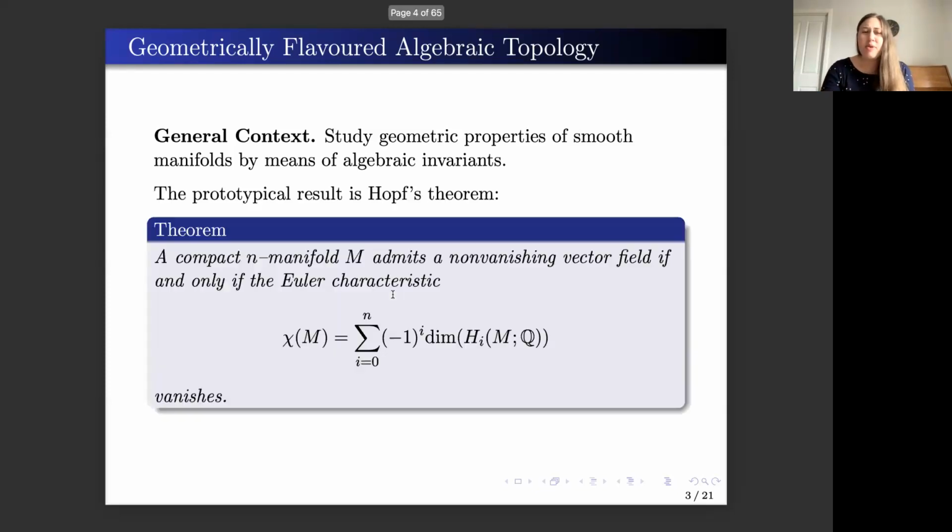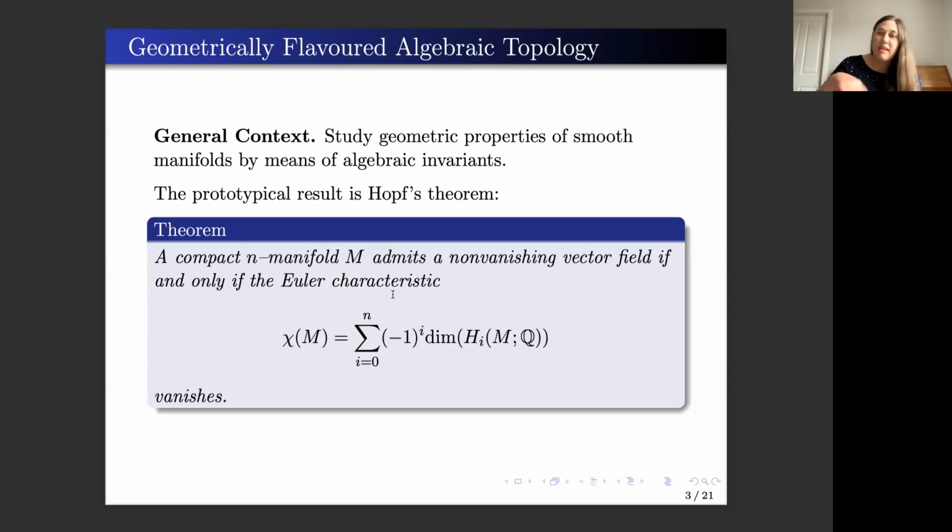And the prototypical result of this arena is Hopf's theorem, where you have a compact n-dimensional manifold, and it admits a non-vanishing vector field, so a vector field without any zeros, if and only if the Euler characteristic vanishes. And you might be more familiar with the Poincaré-Hopf index theorem, which says maybe you have a vector field on a manifold with some zeros.